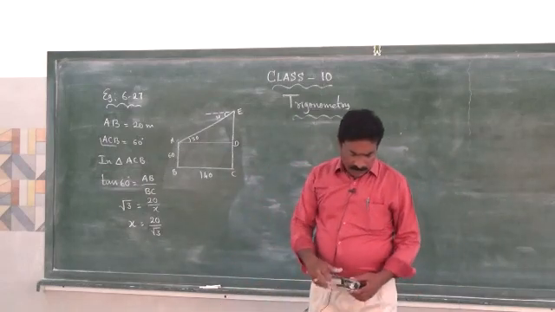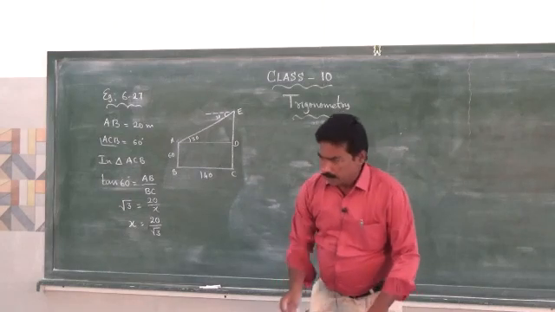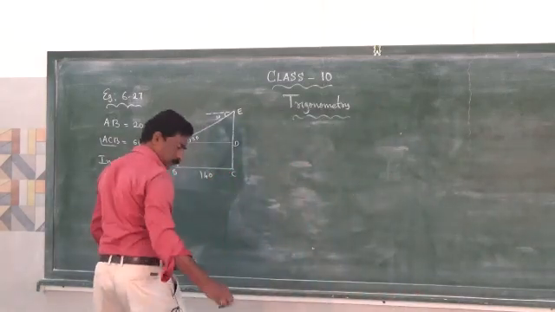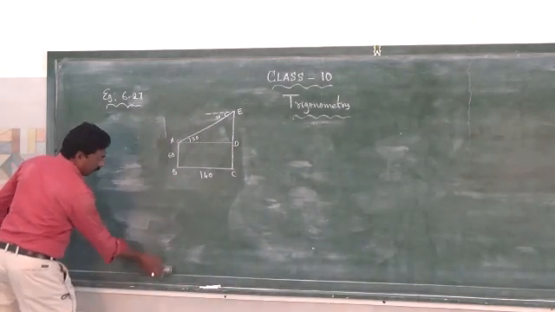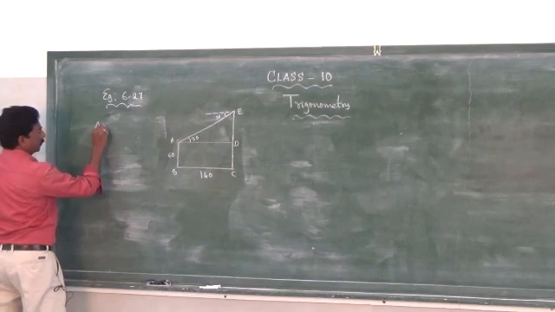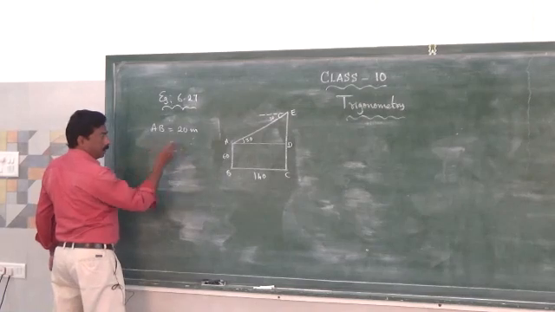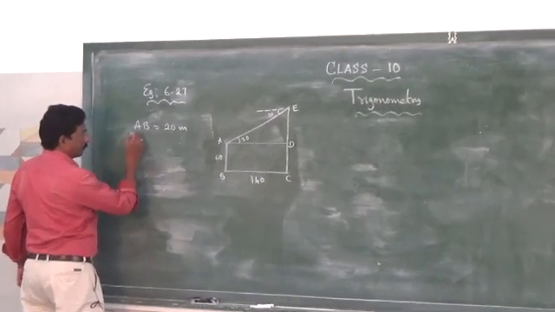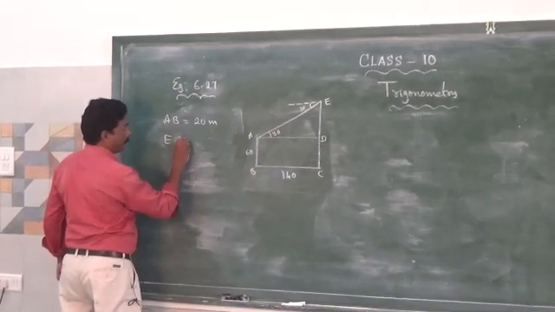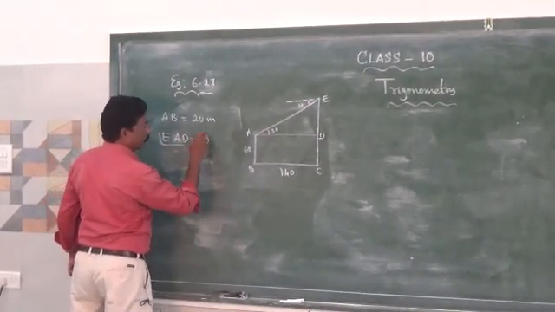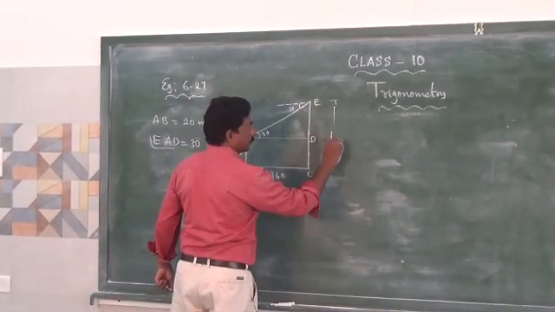So AB is the first building and the height of that is 60 meter, and the angle of depression is 30 degree. You have to find the height of the second building. This total height you have to find.